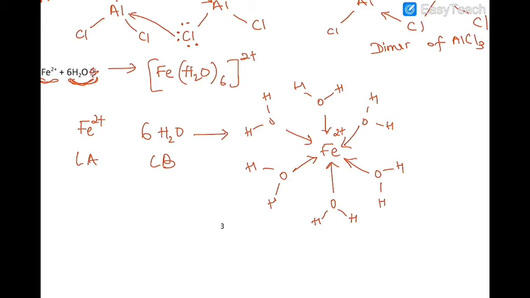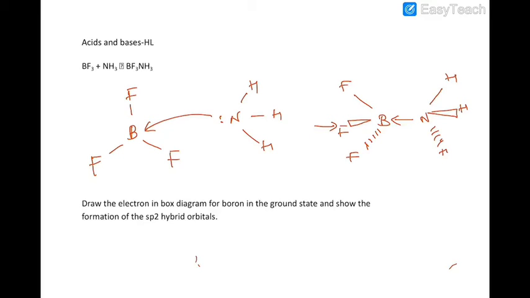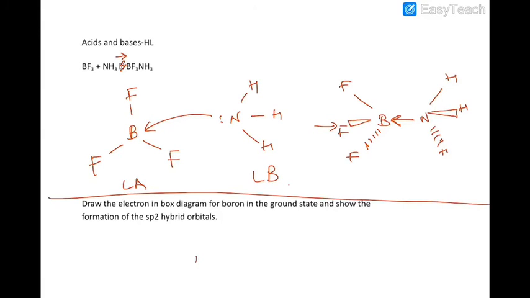Now the last example, the formation of BF3NH3. Here you have the dative bond. It's accepting electrons, so it is a Lewis acid. Here it's a Lewis base.